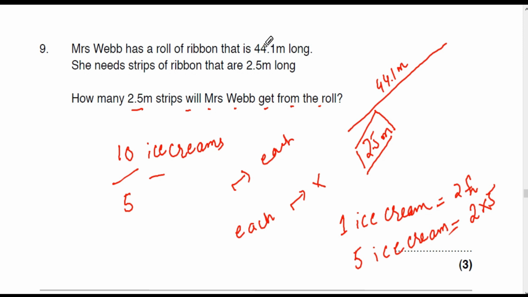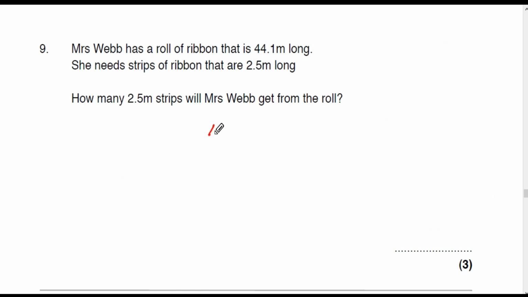Now look here, you are given the whole ribbon, that is 44.1 meters long, and she needs the ribbon in strips of 2.5 meters long. And what you have to do again over here is divide: 44.1 divided by 2.5. So what is the most important thing in this question?